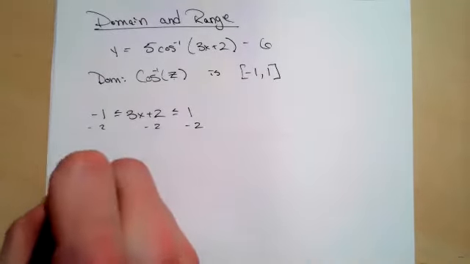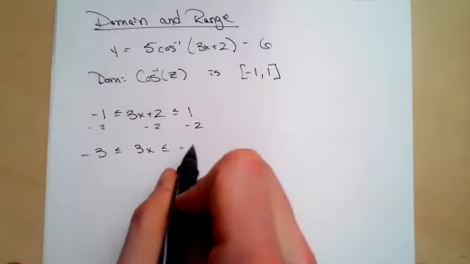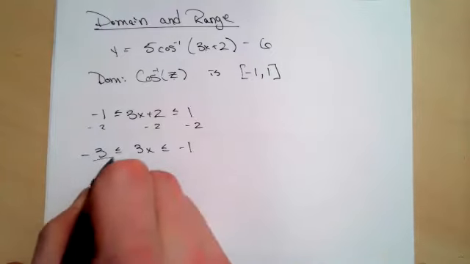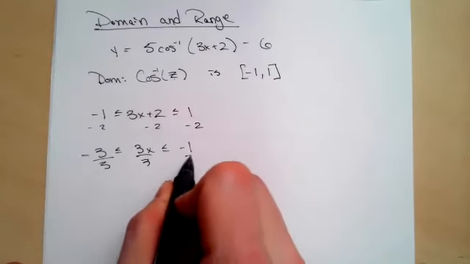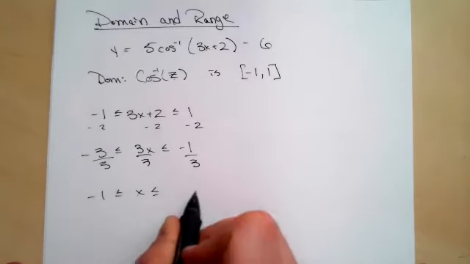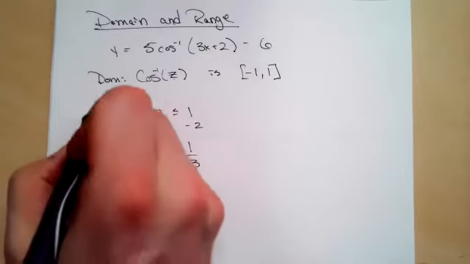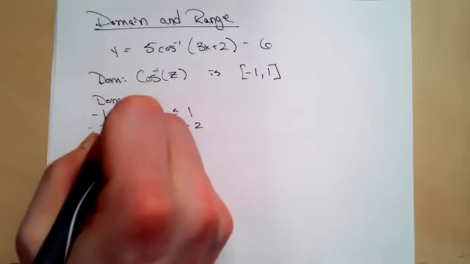So let's subtract 2 from everything. Minus 3 is less than or equal to 3x, which is less than or equal to minus 1, and then I divide everything by 3. So we'll get minus 1 is less than or equal to x is less than or equal to negative 1/3. And this is what determined our domain.